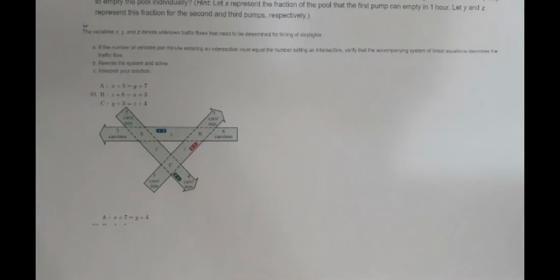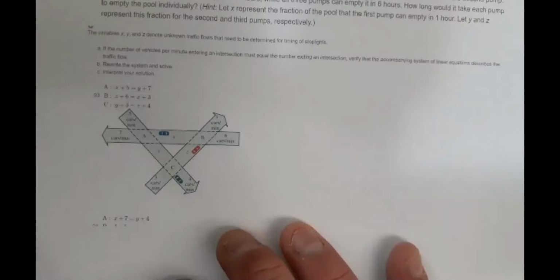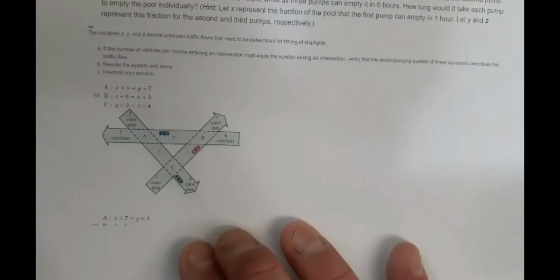They're doing x plus 5, y plus 7. It's hard to see these things on there. Yeah, it's x plus 5 equals y plus 7. z plus 6 equals x plus 3. And then y plus 3 equals z plus 4.